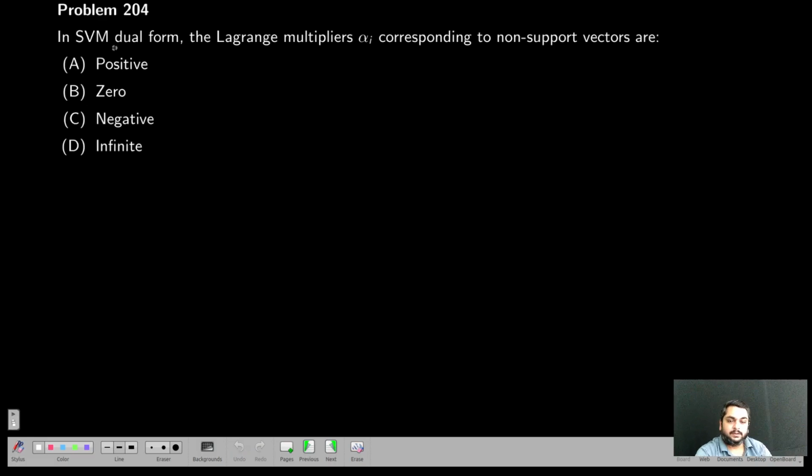In SVM dual form, the Lagrange multipliers alpha i correspond to non-support vectors, right? So in the Lagrange multipliers, when you get it, W will be, after optimization, the sum of alpha i, yi, xi.